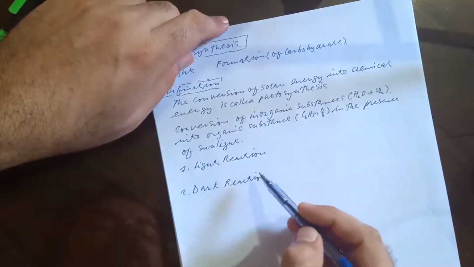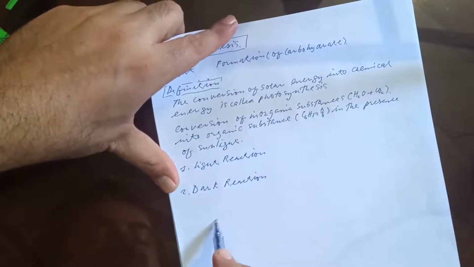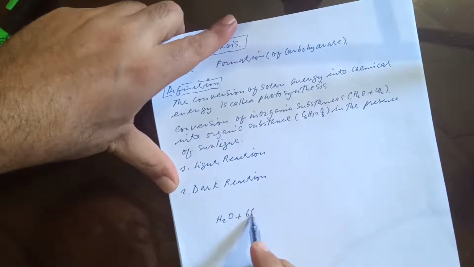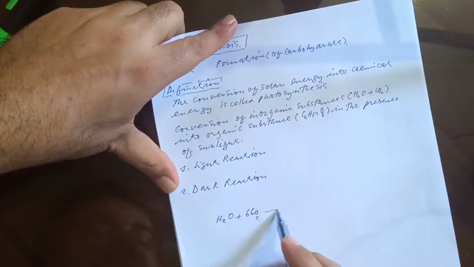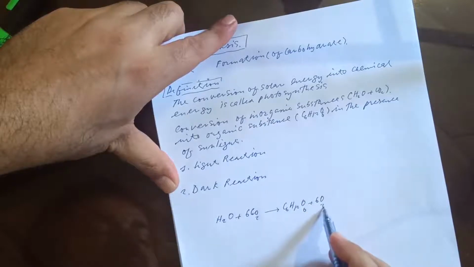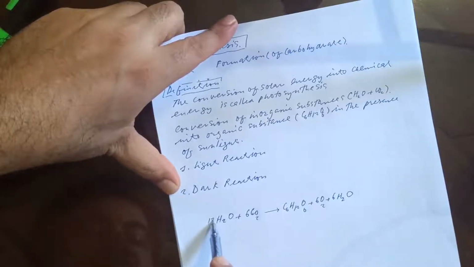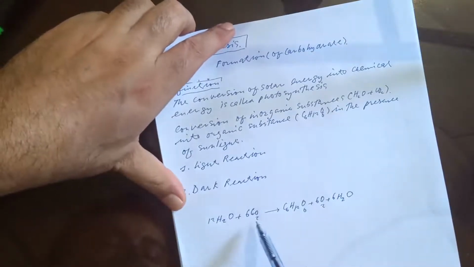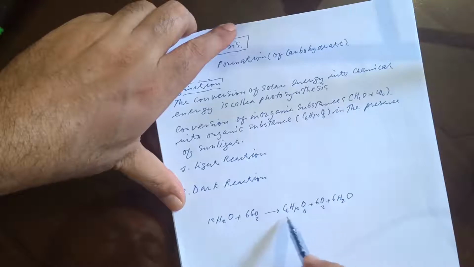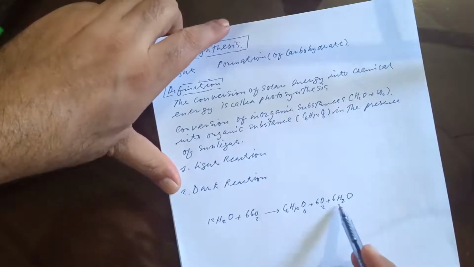What is the equation saying? 12 water molecules, when they interact with 6 carbon dioxide, make one C6H12O6, one glucose molecule, 6 molecular oxygen, and 6 water.